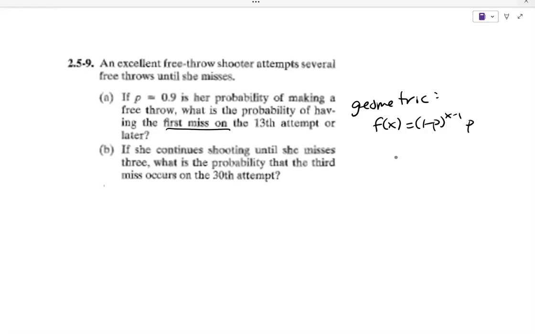Again, this one shouldn't be too bad to remember, because if we're going to go until we have the first success, what had to happen on the previous trials? We had to have failures, right? So we had failures up until the last one. We want the 13th attempt or later, so we want the probability that X is greater than or equal to 13.